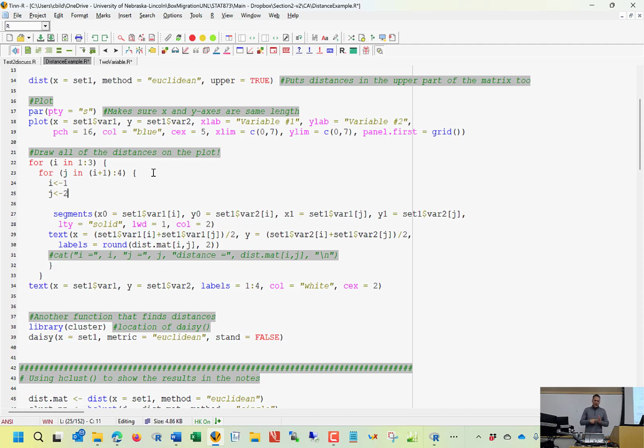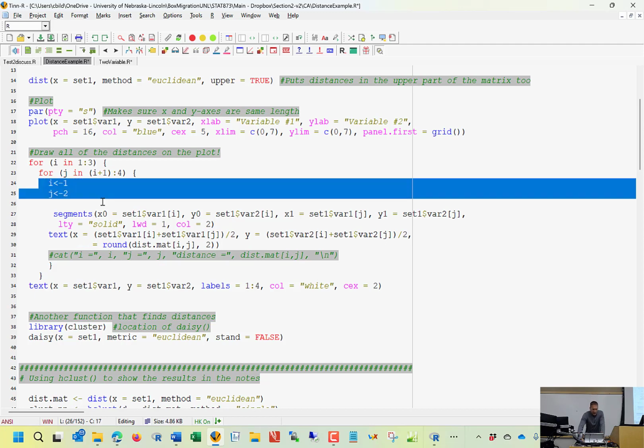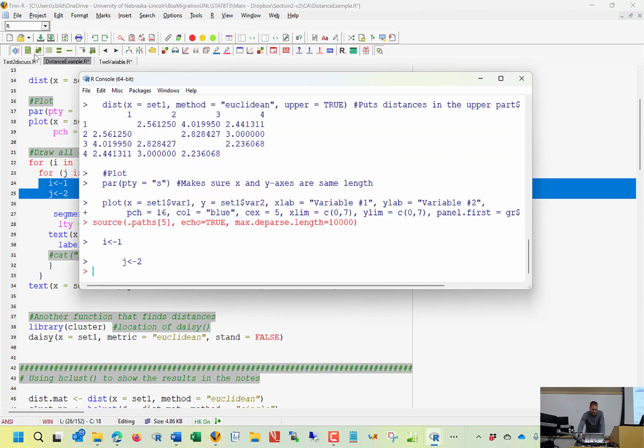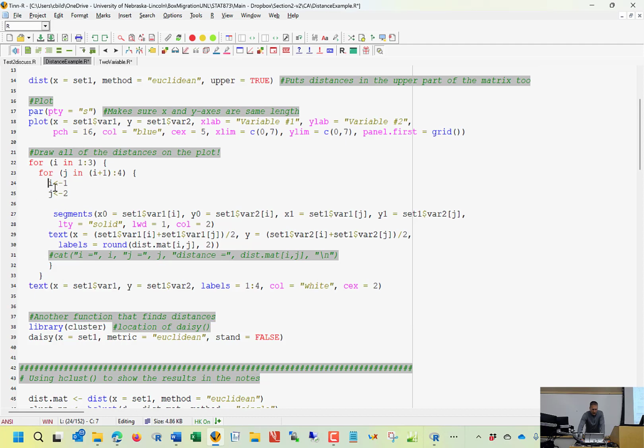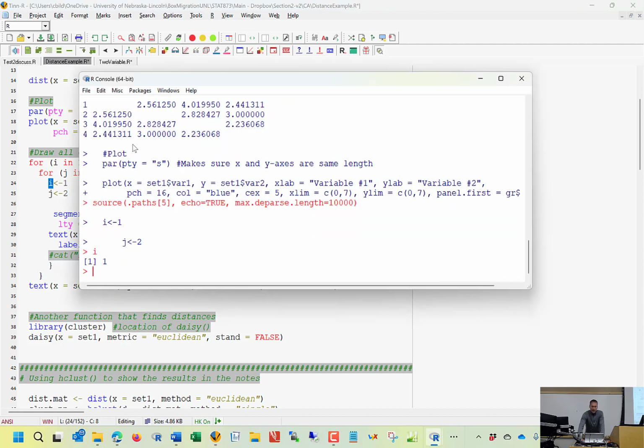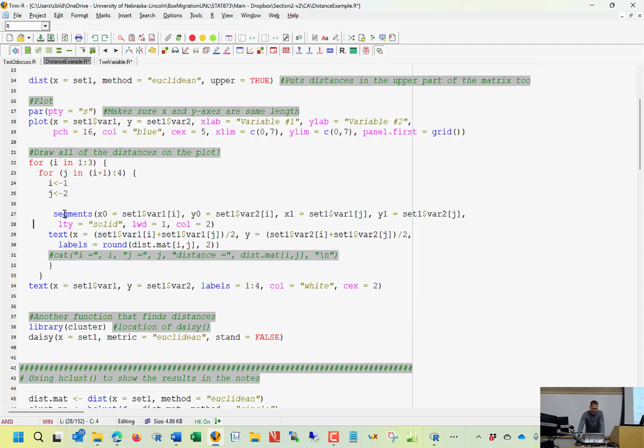What this is going to correspond to first is that i is going to be for observation 1, and j is going to be observation 2. If I just highlight this code, here's i equal to 1. Then I'm going to use the segments function to draw a red line between observation 1 and observation 2.